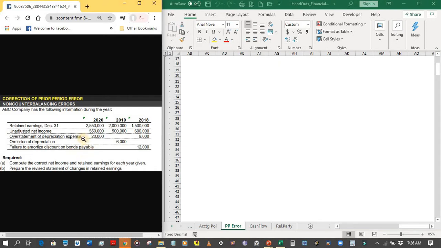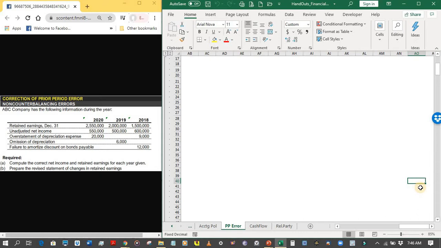So all these errors are non-counterbalancing errors. Again, what is a non-counterbalancing error? So non-counterbalancing errors are errors that, when left undetected, result in incorrect retained earnings until the time the error is discovered. So that is why it is called non-counterbalancing error.